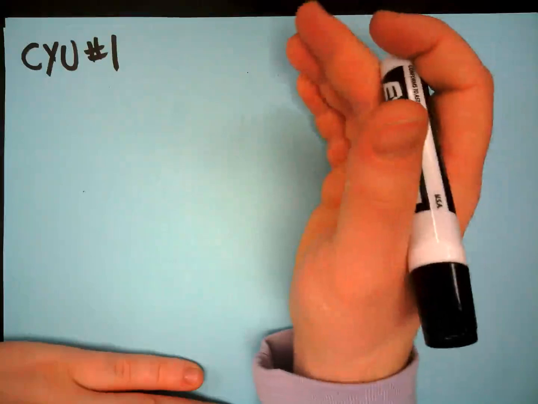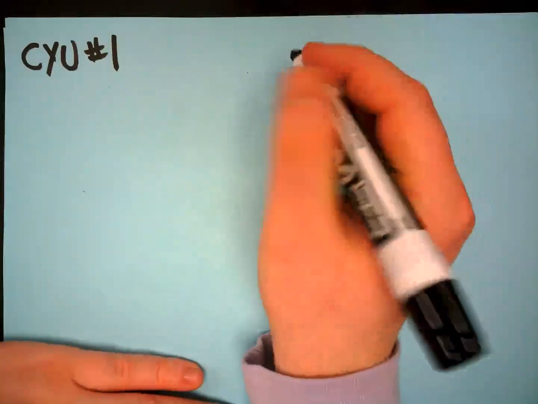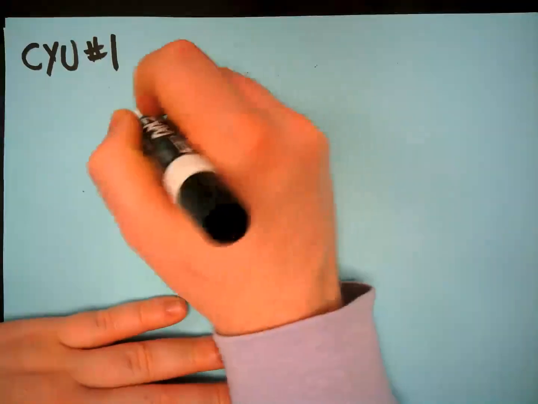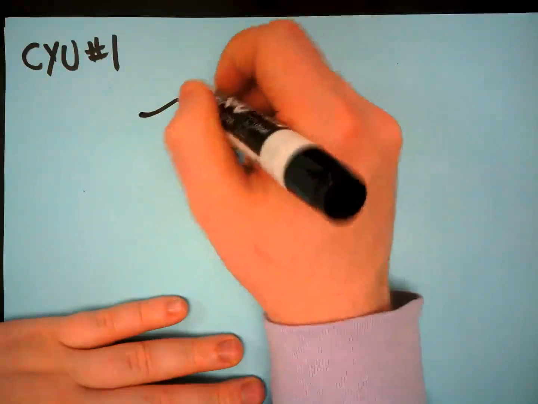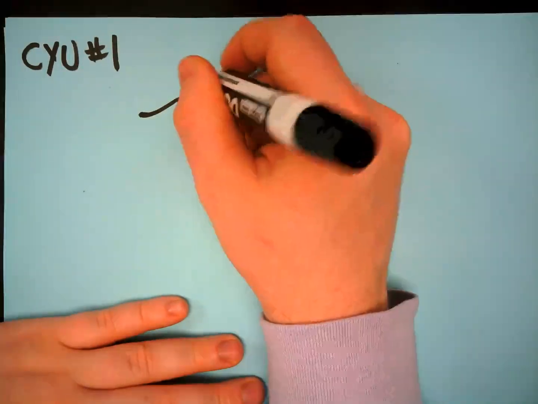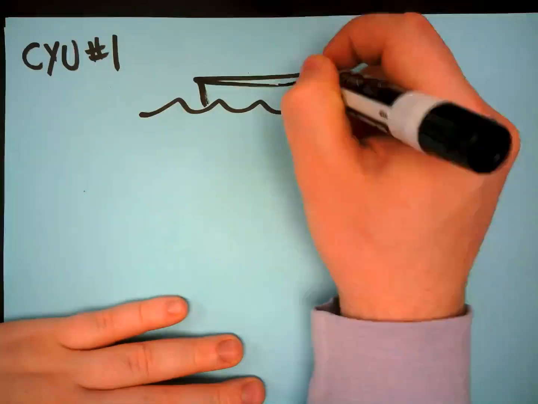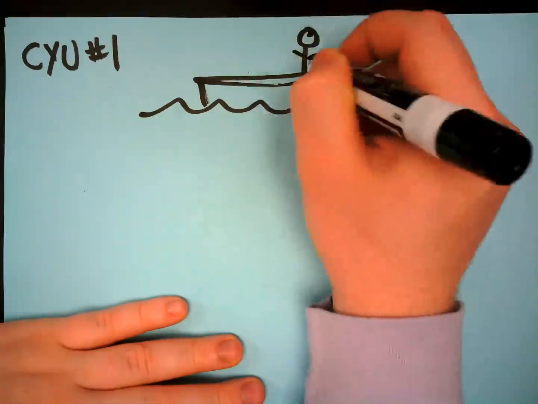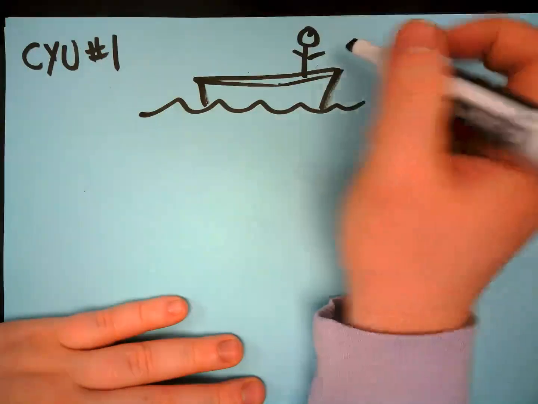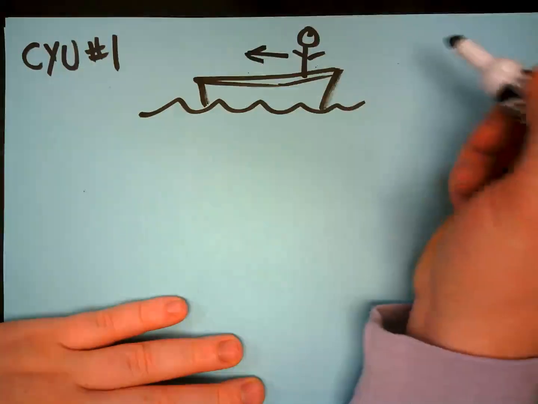Before we get into this, let's think about this for a second here. So we've got a guy here in the water, and this guy is in a raft. So we've got a guy standing in a raft, and this guy is going to move from this end of the raft to this end of the raft.